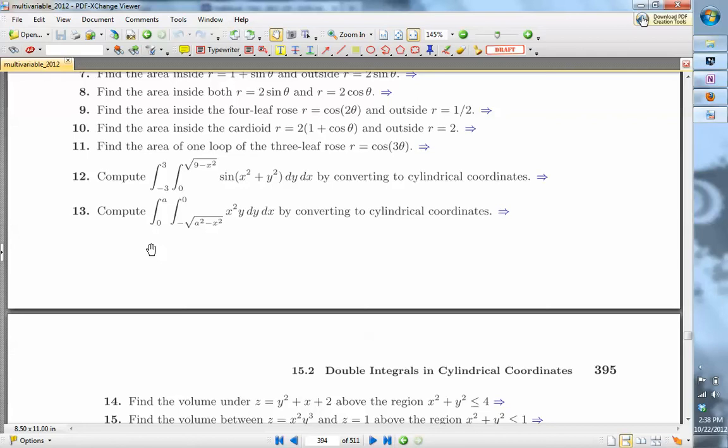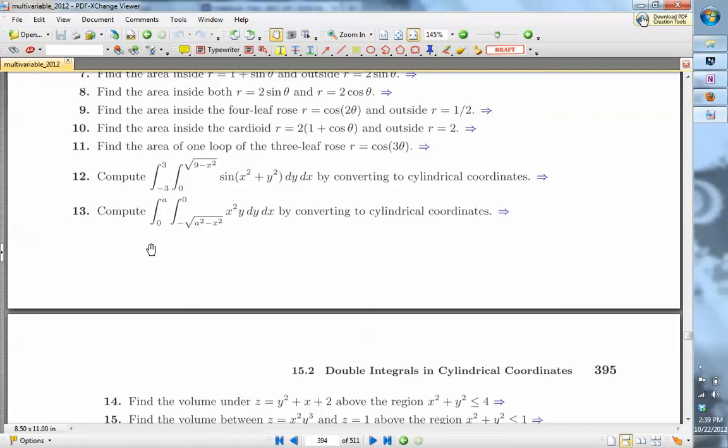So get yourself some polar graph paper and plot this thing. As you go through the process of plotting it, you'll get a sense for what these limits of integration should look like. Did you do that, Tabo, yet? Have you had a chance to do that? I didn't do it on the polar paper, I just did it on the paper.